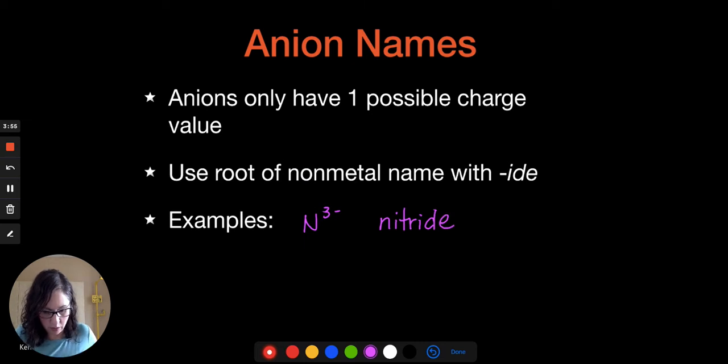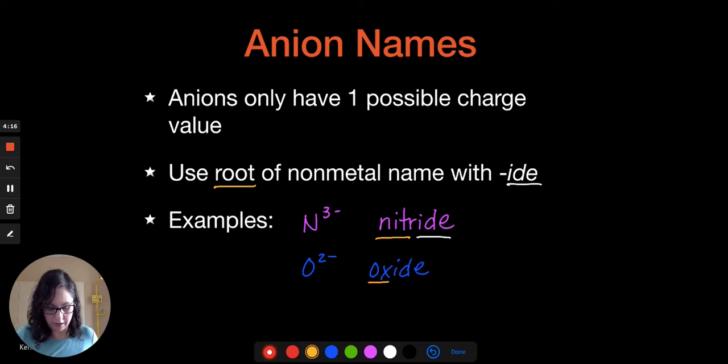Notice the ide is at the end of it, and the root part of it is the nitr. Or for example, we could have oxygen as a 2- charge, and that would be oxide. Again, the ox is at the beginning and the ide is at the end.